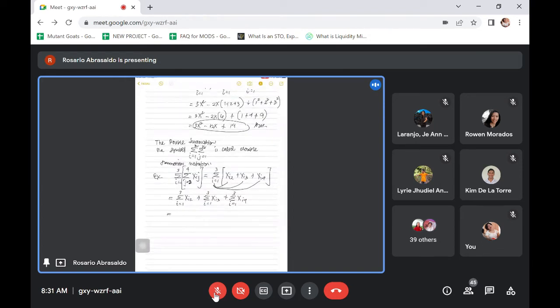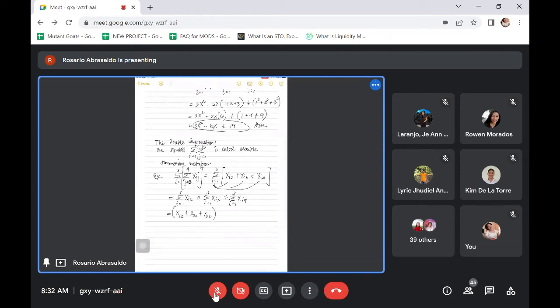Equals. After we use the distributive property, then we can expand.